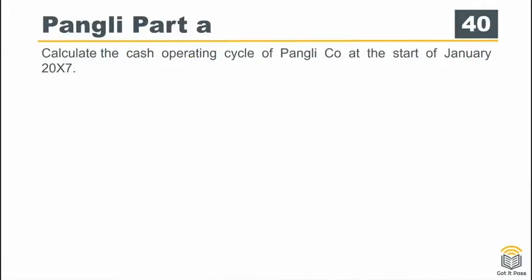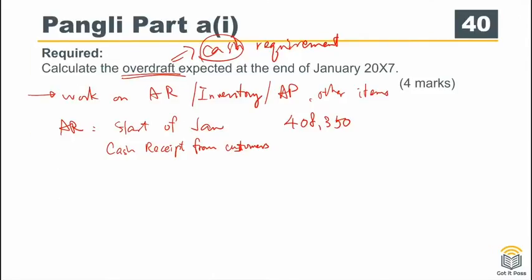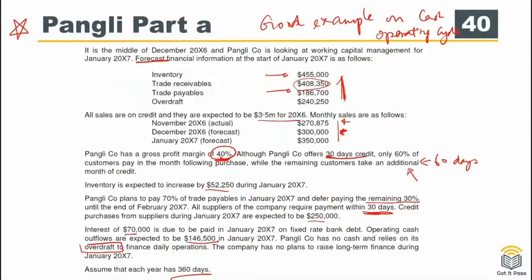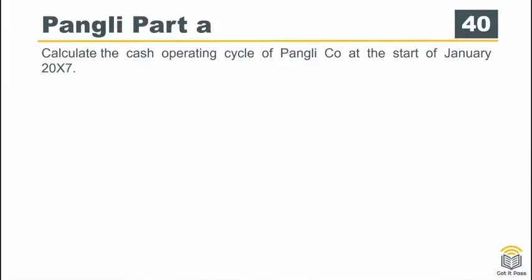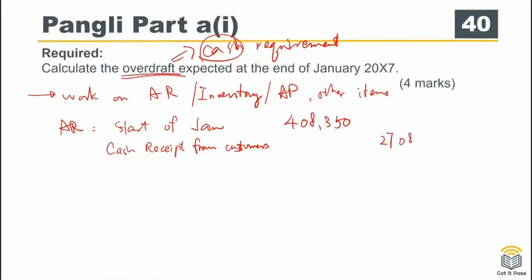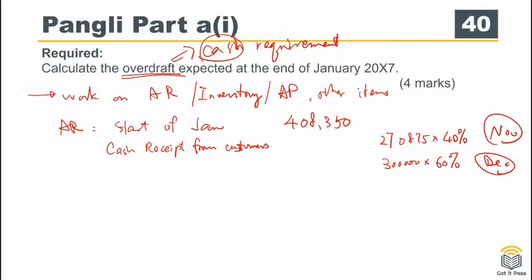Because we have these two pieces of information, we can work out the January cash received: November sales 270,875 times 40%, and December sales 60% of them paid in January.